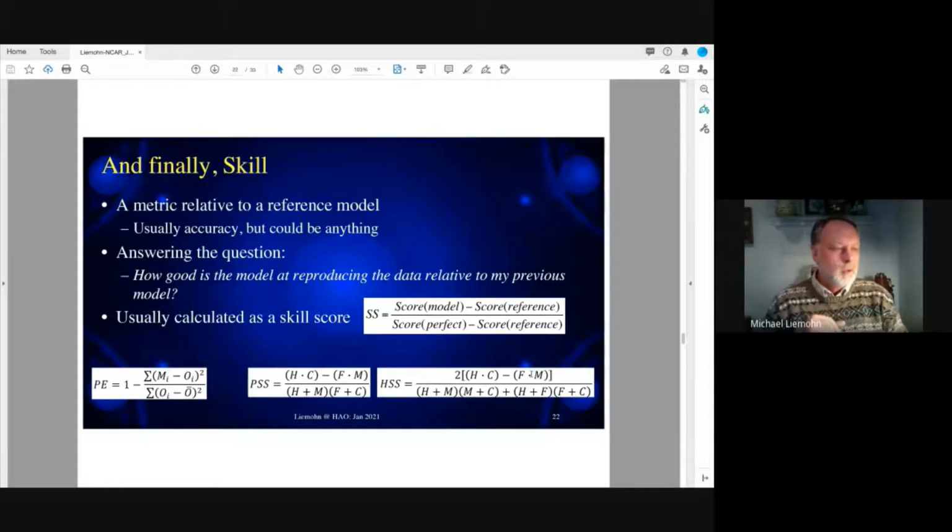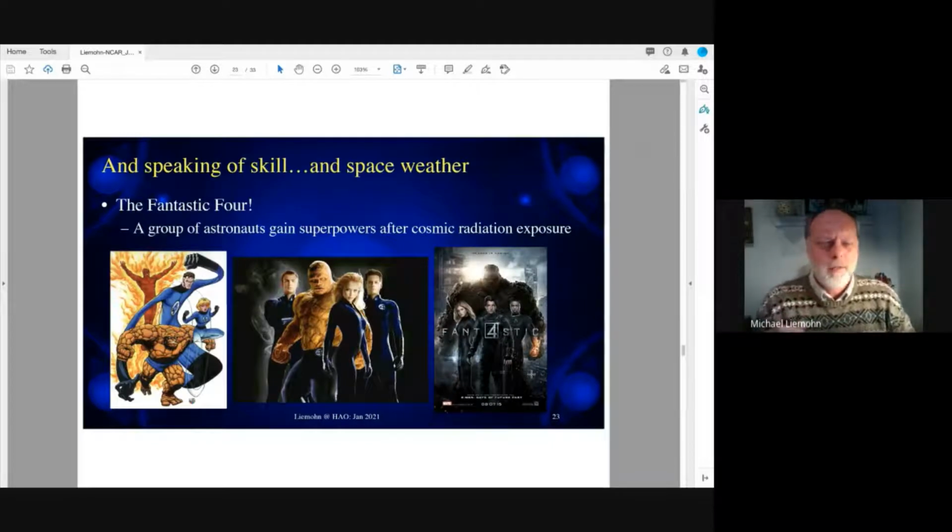But so speaking of skill, I'd like to just bring up another sci-fi thing, and that is that, did you know that there are superheroes, very skillful people out there that come from space weather? The Fantastic Four is actually created by a giant cosmic radiation exposure.